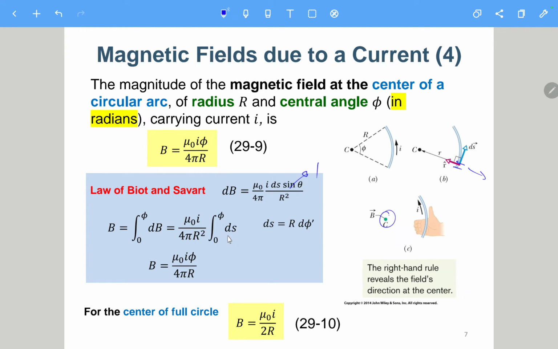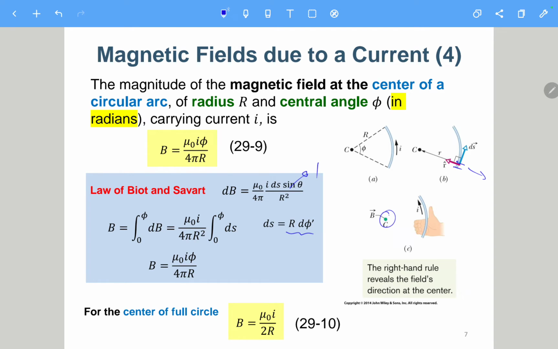Actually, we should integrate over phi rather than ds, because the lower and upper bounds are 0 and phi, where phi is the angle in radians. So we should do a change of variable: ds equals r times d phi prime.